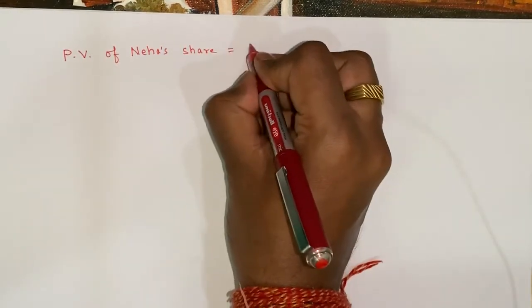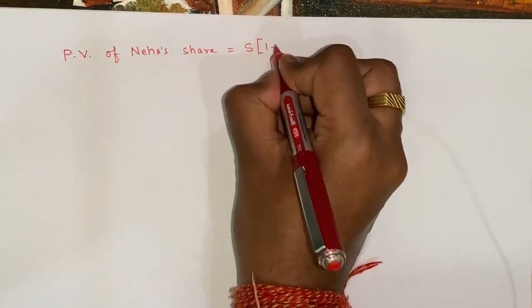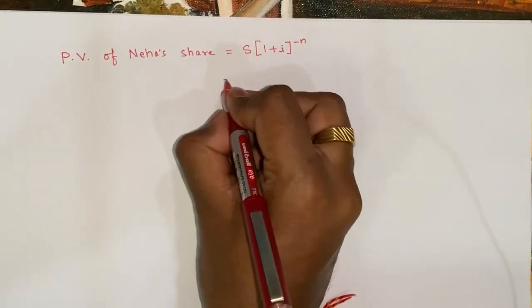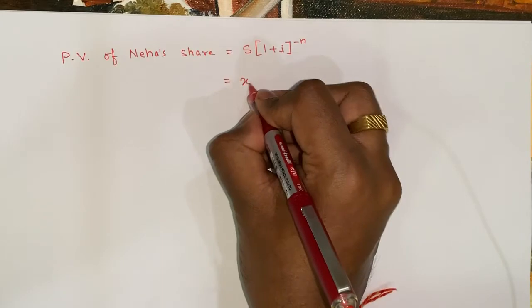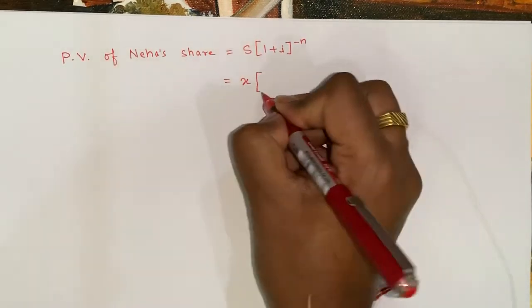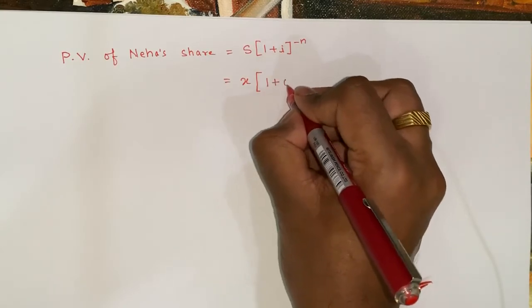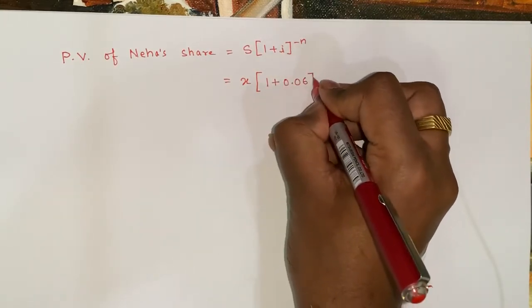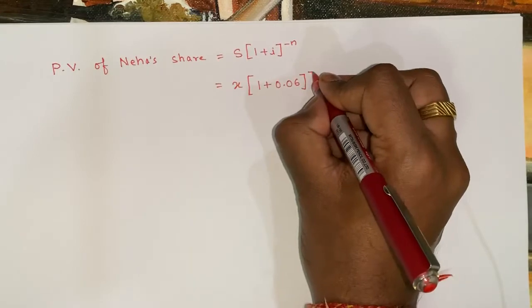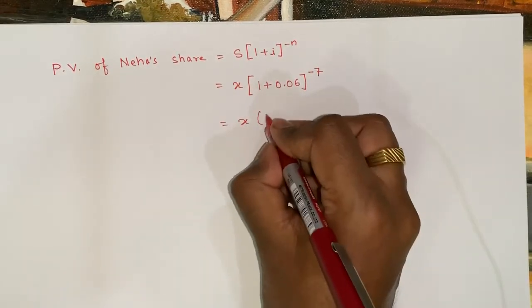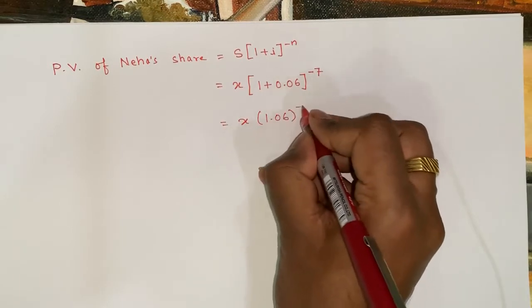Present value of Neha's share will be equal to amount (1 plus i) to the power minus n. We all know that amount we have let it to be x because both Neha and Divya will be getting equal amounts. So 1 plus i is 1.06 and time period for Neha's investment is 7 years. So this becomes x multiplied by 1.06 to the power minus 7.